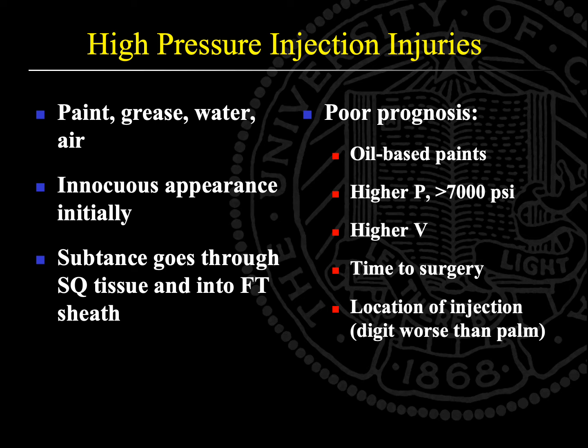The higher the pressure of the injection, the worse off it is. The longer from the diagnosis to time of surgery, the higher the risk of amputation is, the higher the velocity. And then the location of the injection makes it worse. So if it's in the digit, it's worse in the palm. So all these things you want to document, so what solvent it is, what the pressure was. These people typically know these injuries, and then you call us to get them to the operating room.